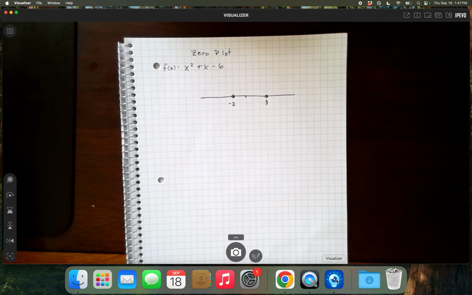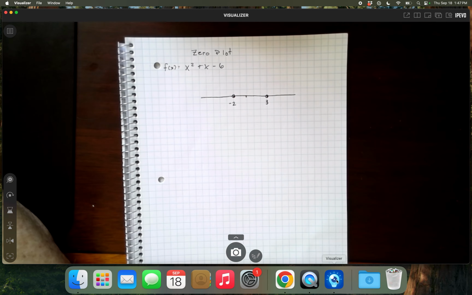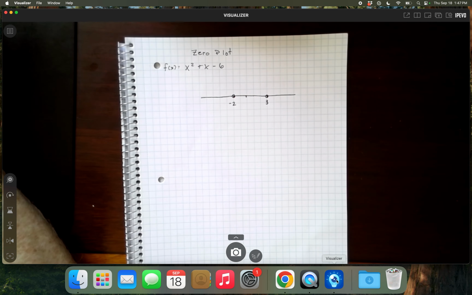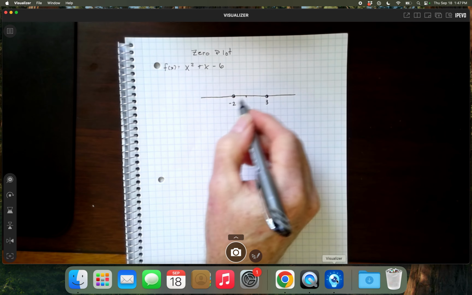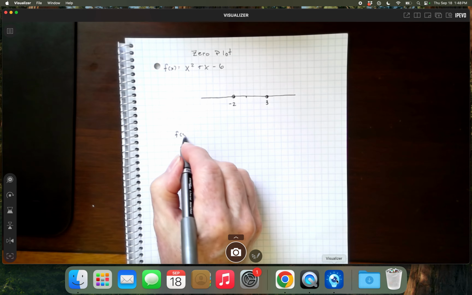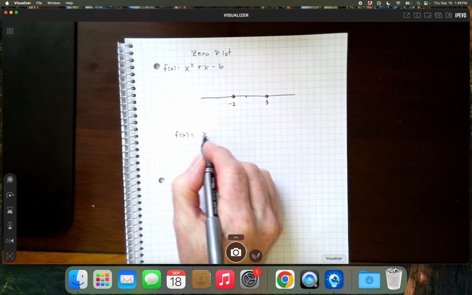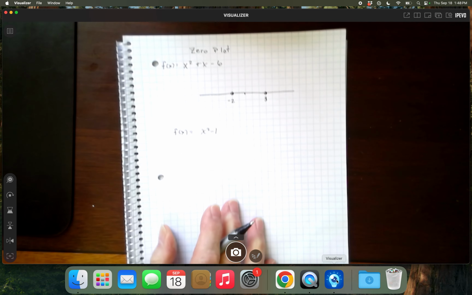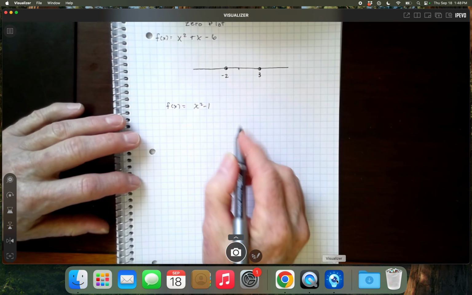Okay. That's not the whole picture on our zero plot, but to construct a zero plot, find the zeros and plot them. Before we continue this example, let's do another simple one down here. f of x is equal to x squared minus 1. Do the zero plot.